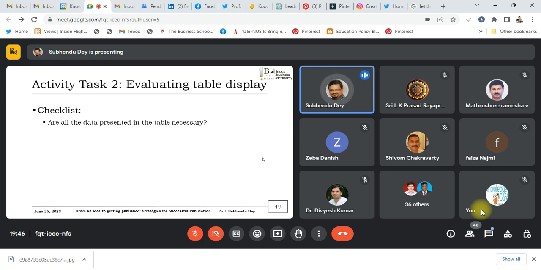So, are all the data presented in the table necessary? This is one way to evaluate your tables. I stop here and give you 5 minutes to think about what other things you would look at to evaluate the tables.